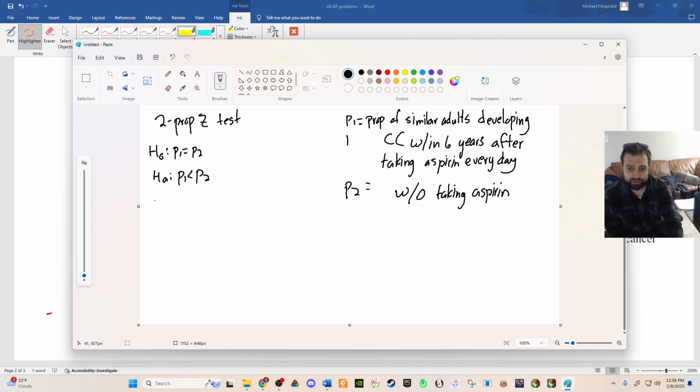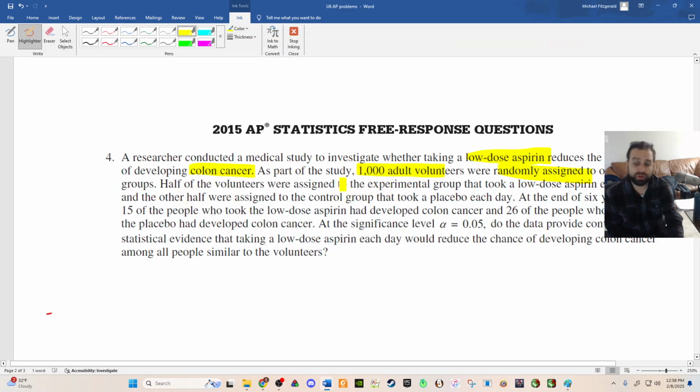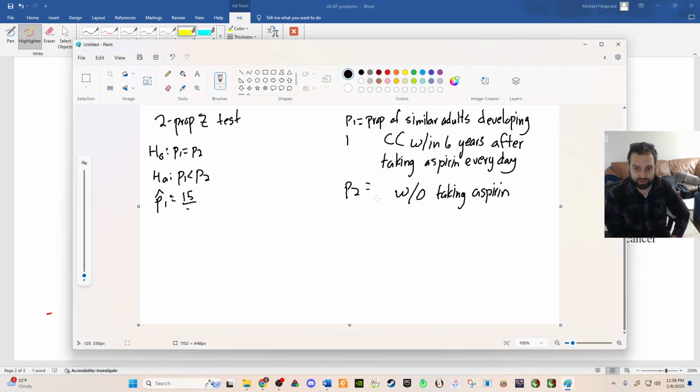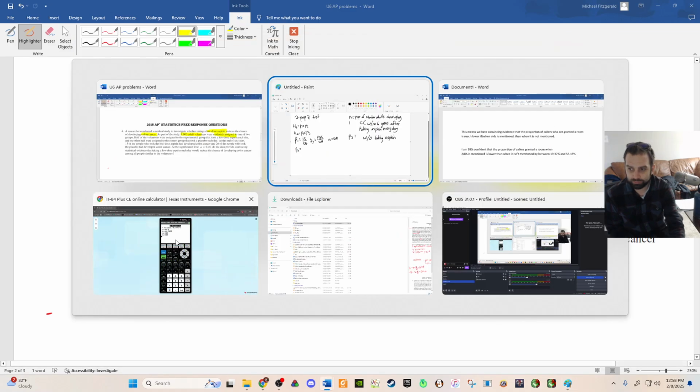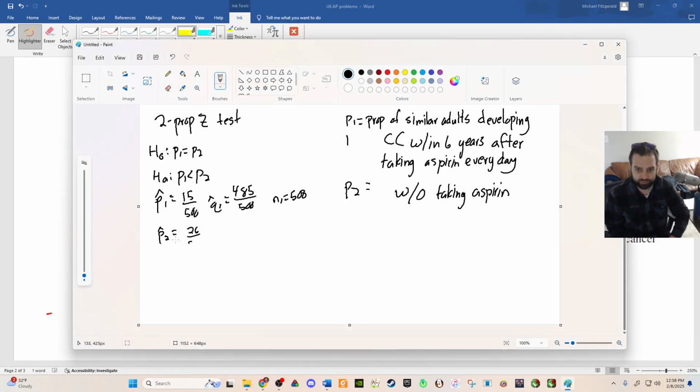Let's put down some values. Then we have p hat 1. Oh, my sample sizes are 500, right? Because they put these people in half. We have 15 over 500. So then I can put my q hat 1 equal to 485. My n1 is 500. My p hat 2, I think it's 26 over 500.